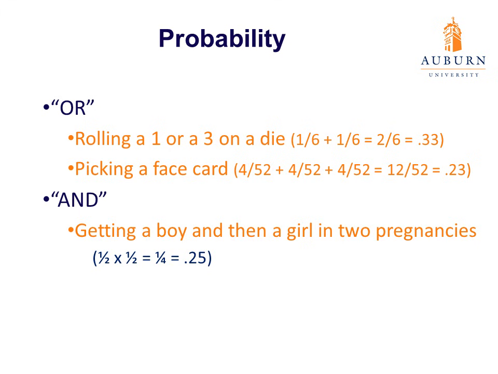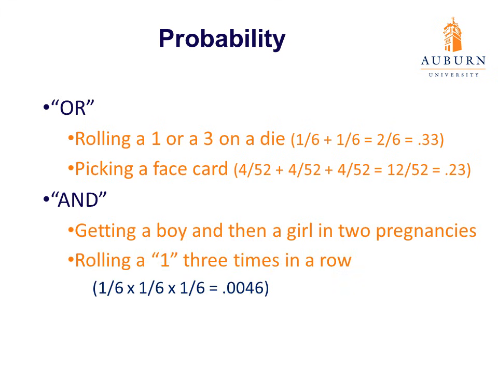So we could then multiply those two proportions together, and that would give us the probability of getting a boy and then a girl in two pregnancies. So we'll take 1/2 times 1/2, that equals 1/4. We then do the division, 1 divided by 4, and that gives us a probability of 0.25. And again, we could turn that into a percent by multiplying by 100, and say there's a 25% chance of getting a boy and then a girl in two pregnancies.